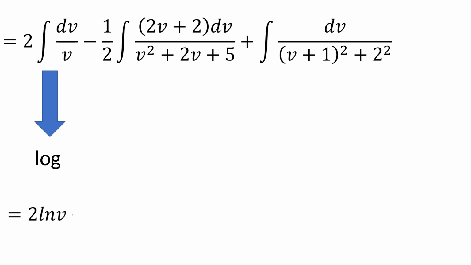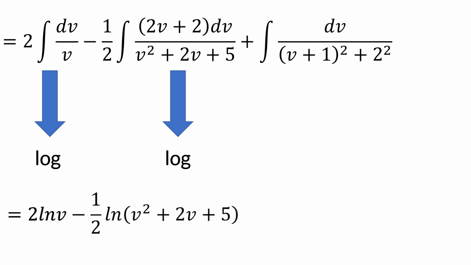For the second term, we still can solve this using the logarithm formula, wherein if we take the differential of the denominator, the differential of v squared plus 2v plus 5 is exactly the quantity 2v plus 2 times dv. So applying the logarithm formula, we get here negative 1/2 times the ln of v squared plus 2v plus 5.